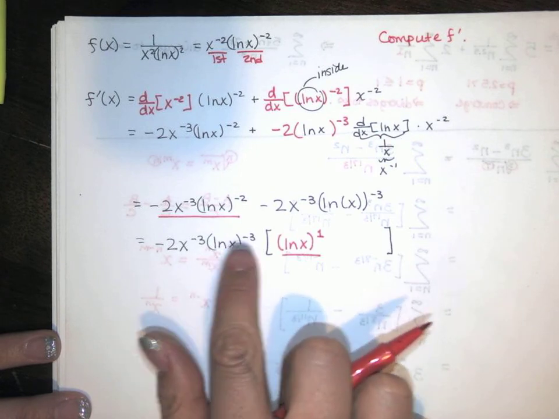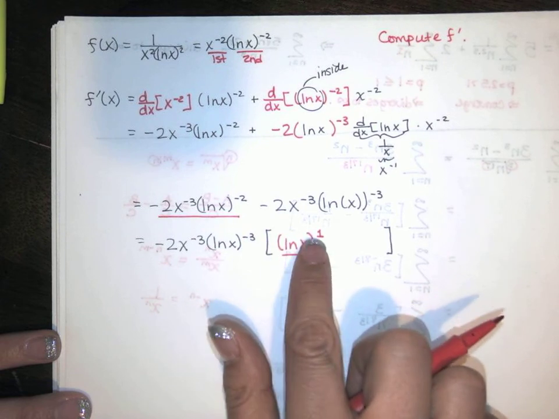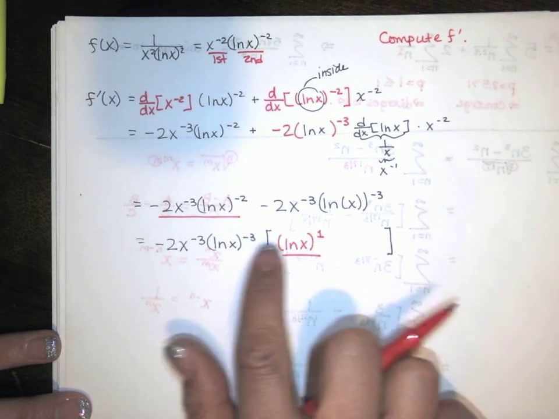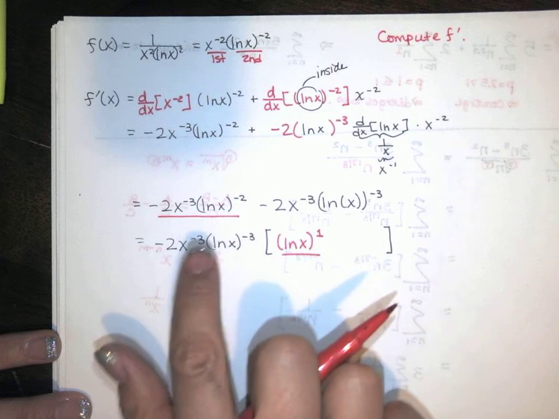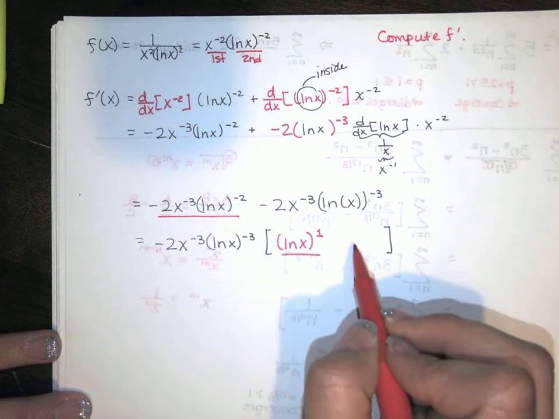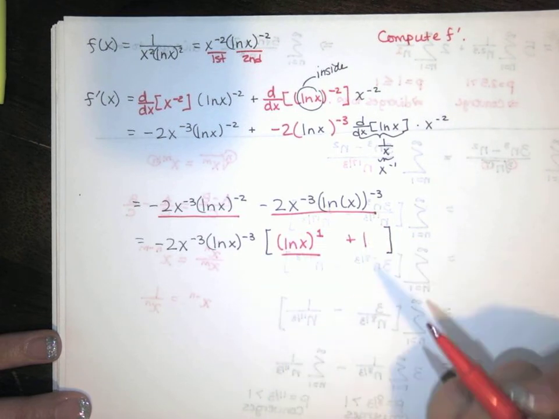Because natural log of x to this power times natural log of x to that power, if I add the exponents, that's natural log of x to the negative 3 plus 1, which is negative 2. So that's right there. Then I say to myself, this times what gives me this? I think it's just a positive 1.